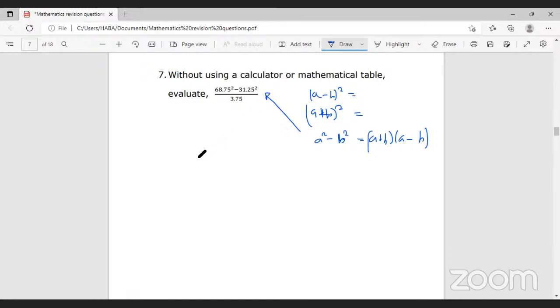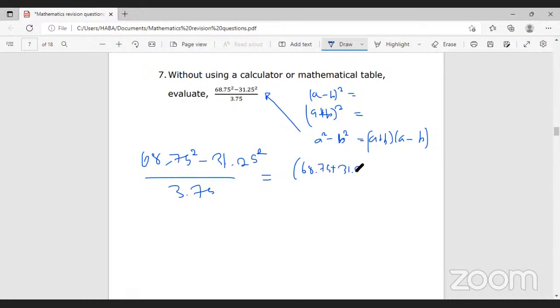Okay? So we are going to say 68.75 squared minus 31.25 squared divided by 3.75 is equal to, so open brackets, 68.75 plus 31.25, then bracket, open another one, we subtract 68.75 minus 31.25.